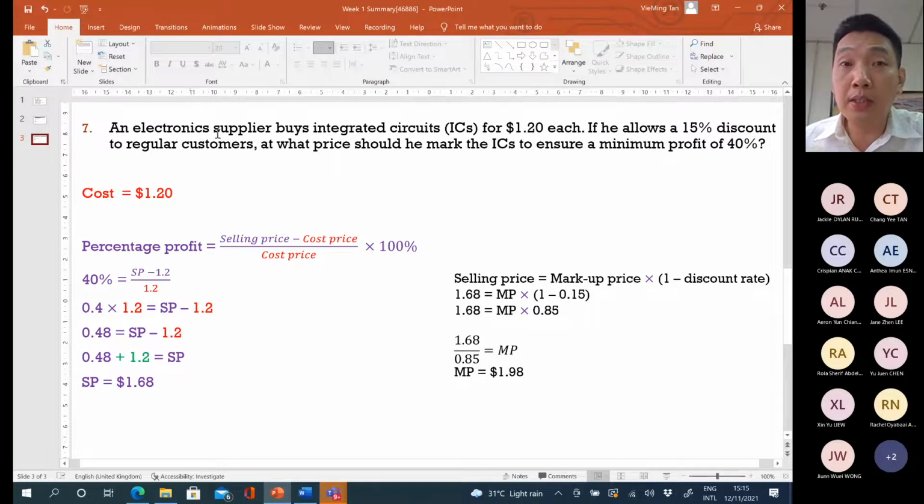Okay, you can treat this supplier as a retailer, and he would like to provide a 15% discount to the customer. Okay, at what price should he mark the IC to ensure a minimum profit of 40%? Okay, he also wants to achieve a minimum profit of 40%. This is the markup rate that is required for this supplier, the markup rate.